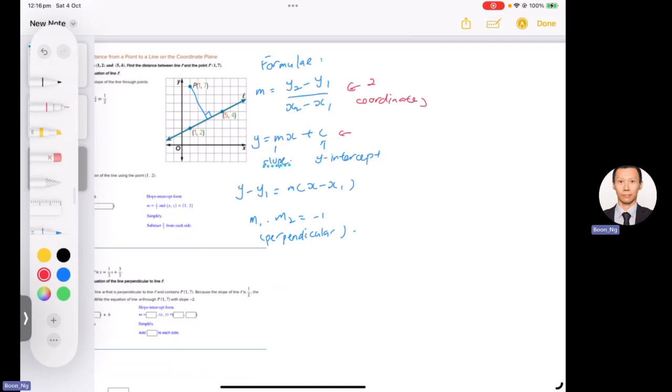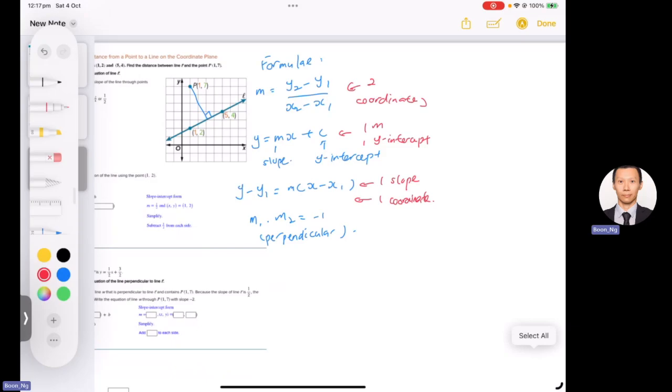We need y equals mx plus c when we have one slope and one y-intercept. And for this equation, we need one slope and one coordinate. Sometimes we will have more than one, you just need to use one of them.